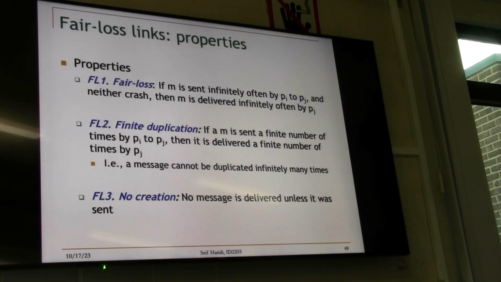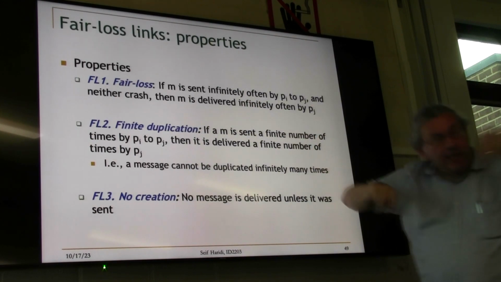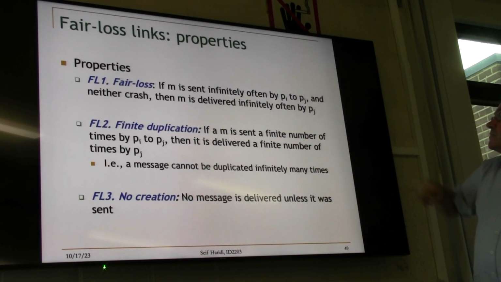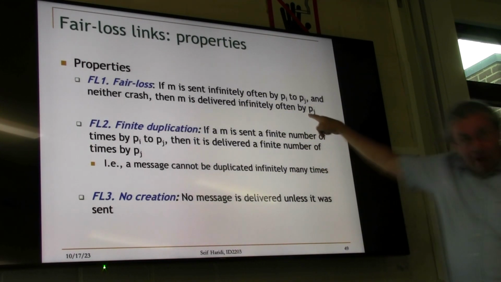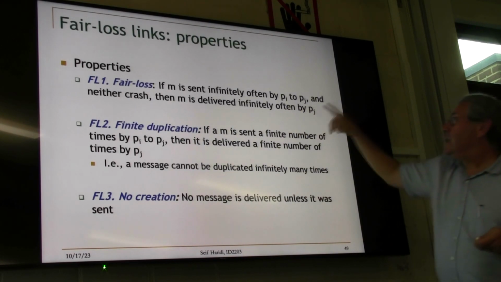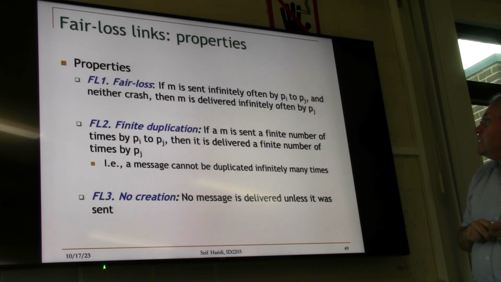It's an interesting way of formulating that. That means you can lose an arbitrary number of messages as long as that's a finite sequence. Eventually it has to come through. If I keep sending forever, then messages will eventually have to arrive because they will be delivered infinitely often.